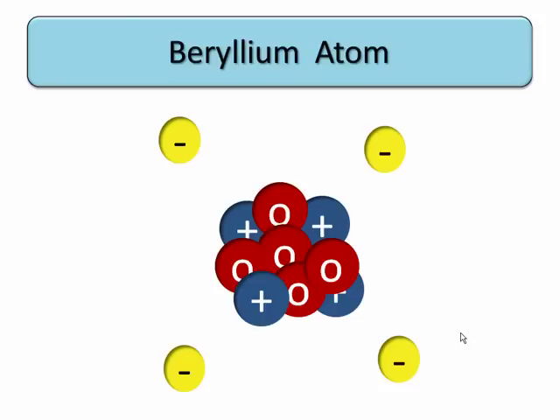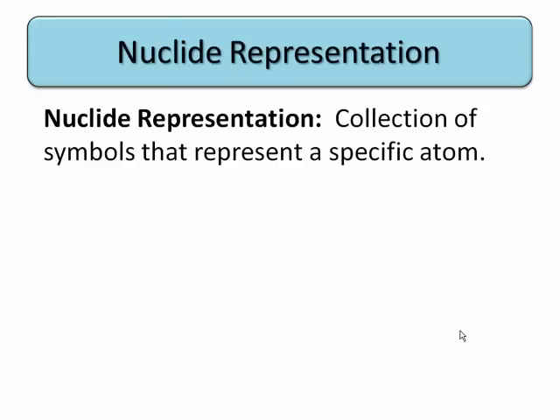But instead of drawing a picture for every atom, it's much easier to use some symbols to specify the atom. A nuclide representation is a collection of symbols that allow us to carefully show what particles are present in an atom. A nuclide representation begins with the 1 or 2 letter abbreviation for an atom.